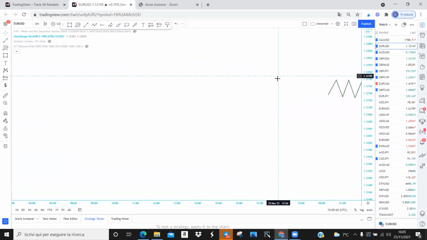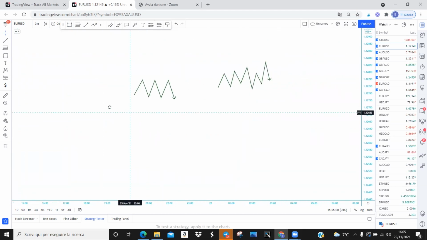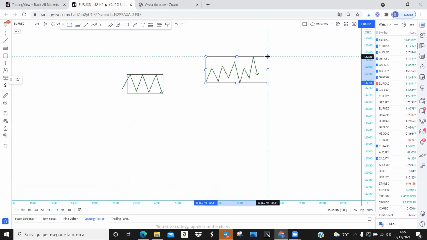So you can find it with that indicator, and it marks out your Asian range. I usually recommend to draw a box around your Asian range, and in this case, from the lowest point to the highest. Okay. And then you have your Asian range.